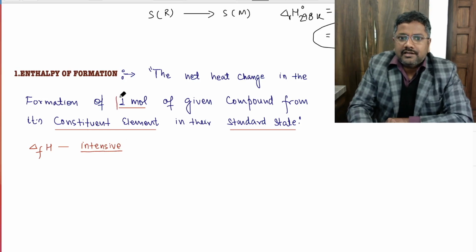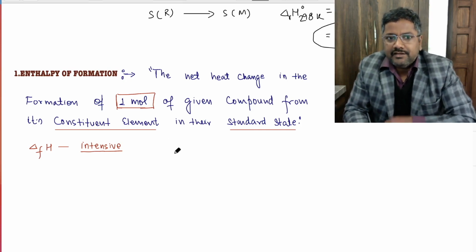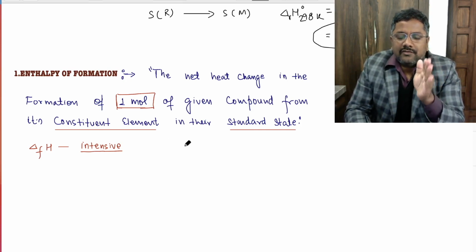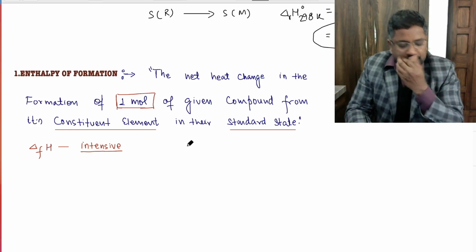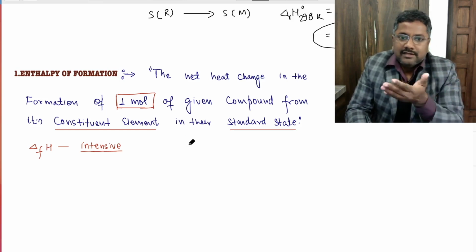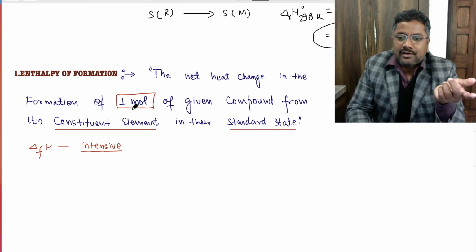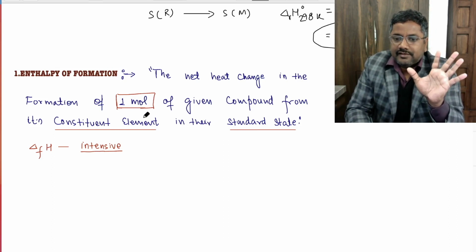Because clearly here it is written one mole, and if any property is defined per mole, that is a molar property, so definitely it is intensive. Means whatsoever enthalpy of formation we have for a given compound, that becomes independent of the quantity you have taken for the reaction, right? Whether you are proceeding with 1 mole or 2 mole or 5 mole, that hardly matters. When you convert that quantity for 1 mole, every time you will get the same value, right?